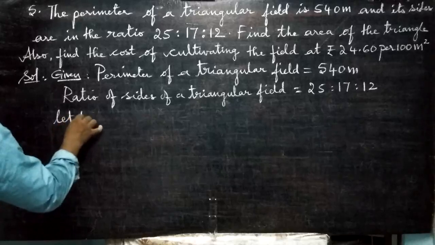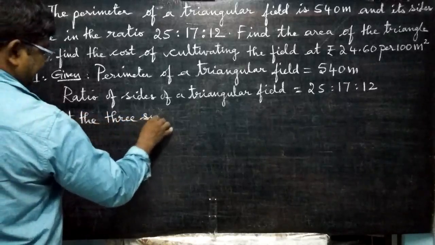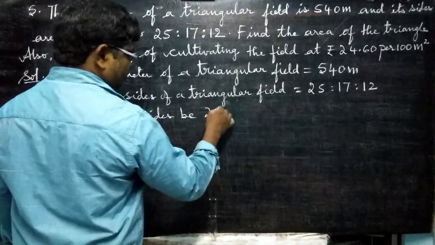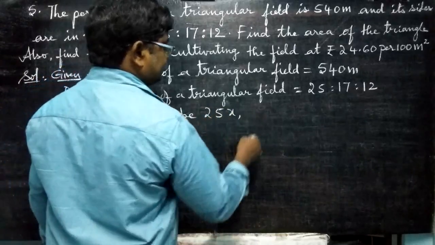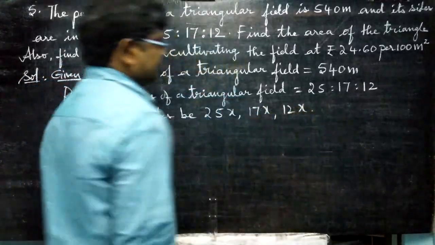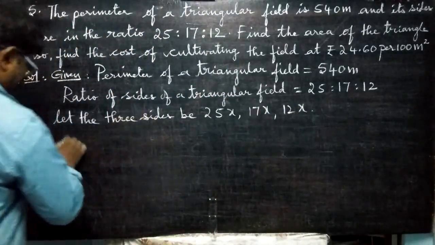Let the three sides be, since we don't know the exact sides, 25x, 17x, 12x. Now find the perimeter.